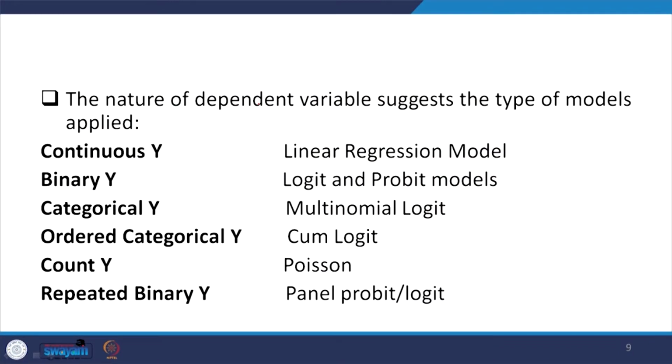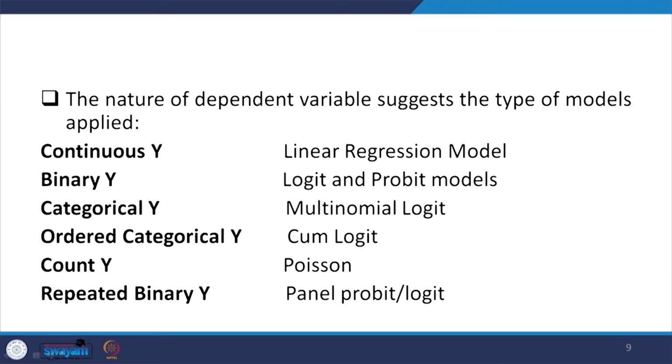Now, this slide is very interesting to note, because we are addressing some clear indication of the right model to be picked up, given the data and the nature of data.